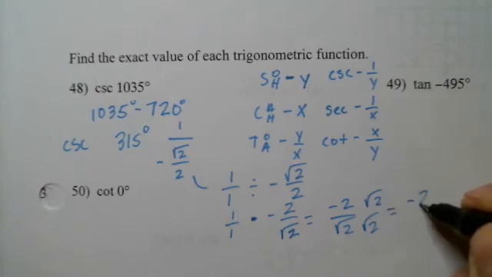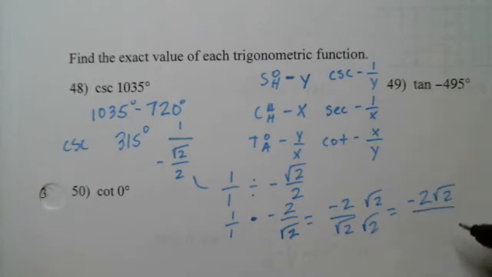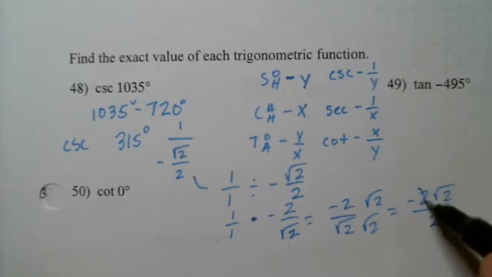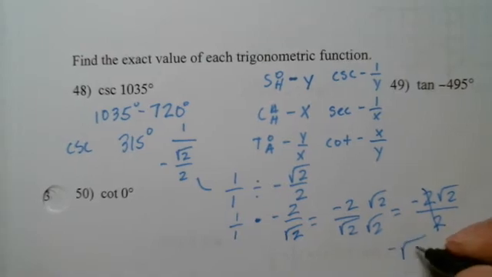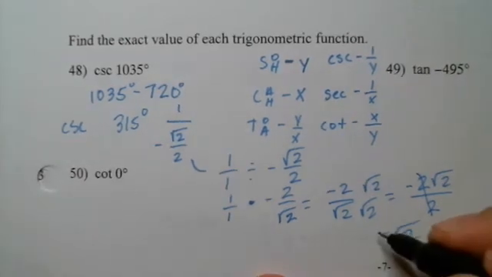And I get negative 2 radical 2 all over what? 2. And then those cancel, leaving me negative radical 2. Yes, correct. So that's a bit of a doozy one right there. That's a little insane.